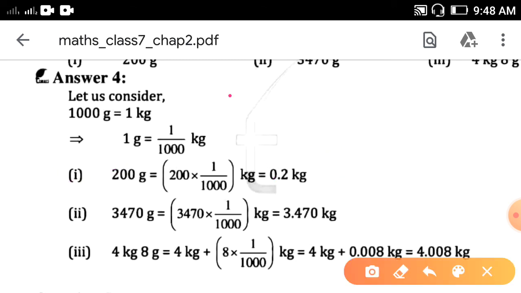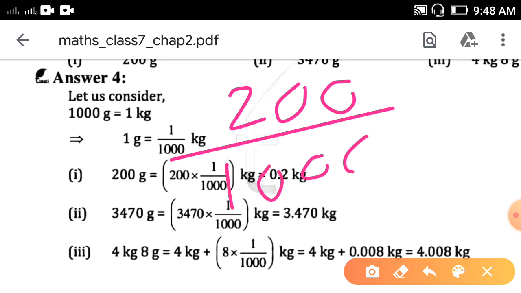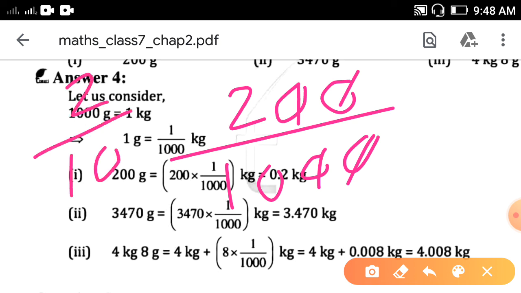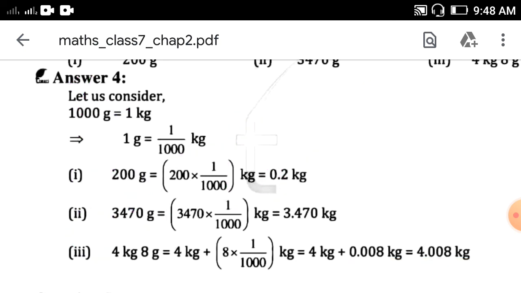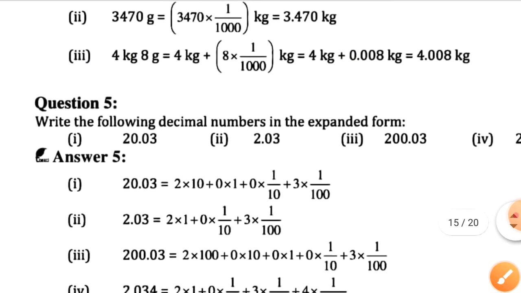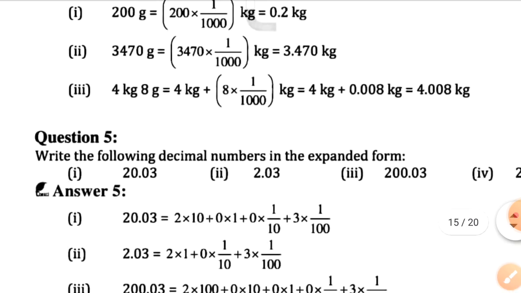How to divide? 200 divided by 1000. Okay, these two zeros you can cut. What remains? 2 upon 10. 10 means one 0 is there. So after the point, one digit should be there. So here 2 and here 0. Remaining 2 examples, try yourself.